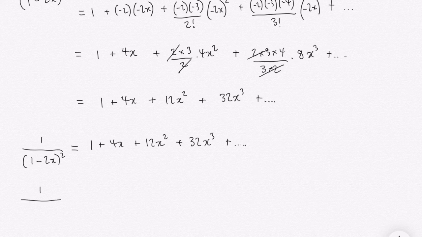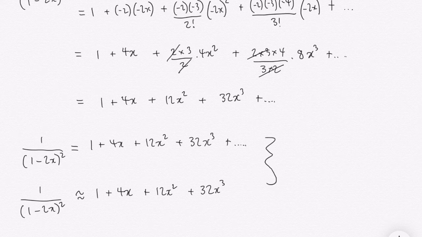We can say 1 over 1 minus 2x all squared is approximately equal to 1 plus 4x plus 12x squared plus 32x cubed. And I don't need the ... here because I'm saying they're approximately equal to. And a sensible question you might be asking here is, is this always true? And if not, for which values of x is it true?